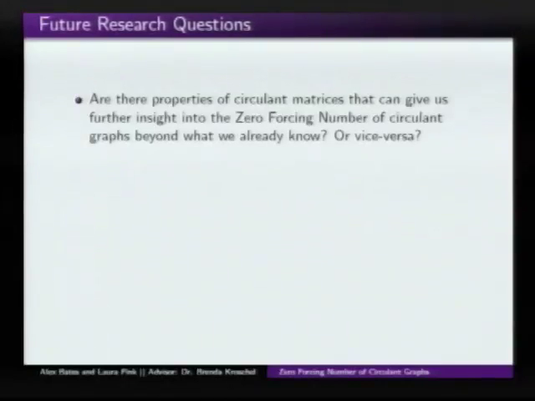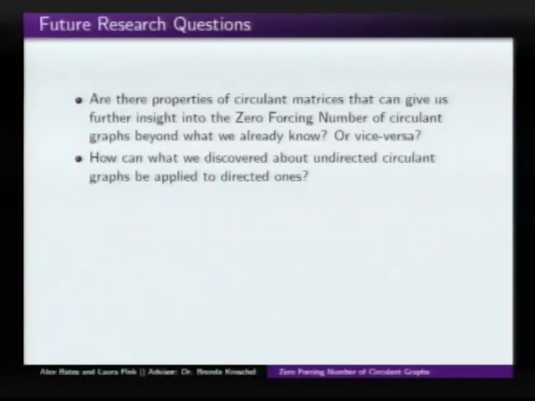If we did more research into the properties of circulant matrices, would that give us any more information about circulant graphs? On the other hand, if we did more research on circulant graphs, would that give us more insight into circulant matrices? There is a connection between the two, but we're wondering, is there more than what was already proven with the minimum rank problem?